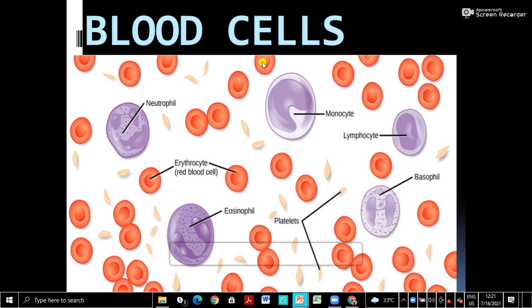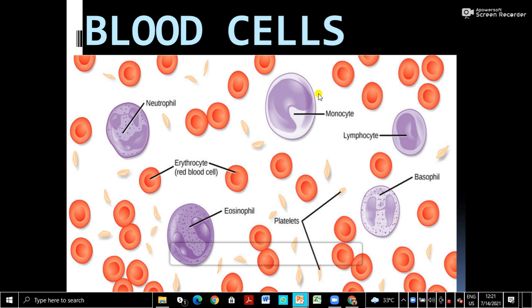RBCs are red. So these are the RBCs. RBCs are red in color and biconcave in shape, and the nucleus and other organelles are absent. Why is that? This is an adaptation for transport of oxygen.